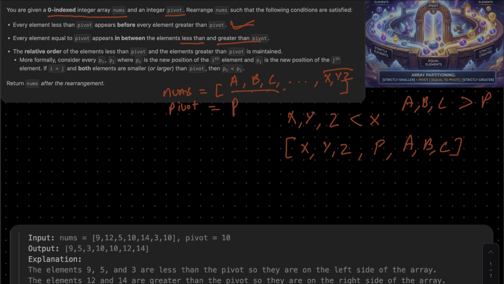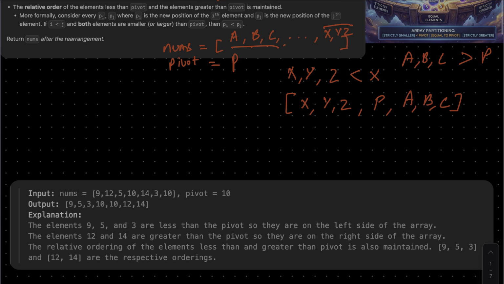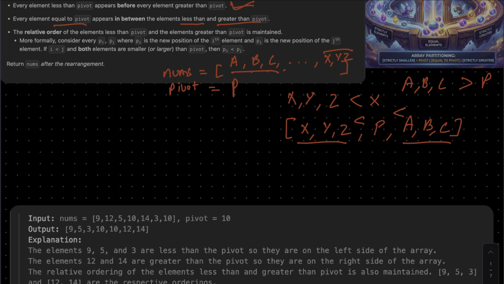So what does that mean? These are the elements which were less than the pivot and these are the elements which are greater than pivot. So every element which is equal to pivot, that means inside nums there can be elements equal to pivot also, should appear in between the less one and the greater one.